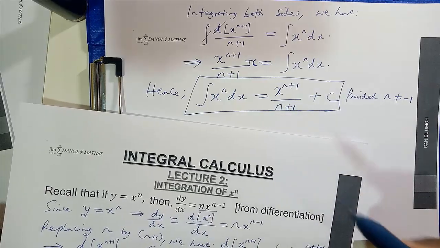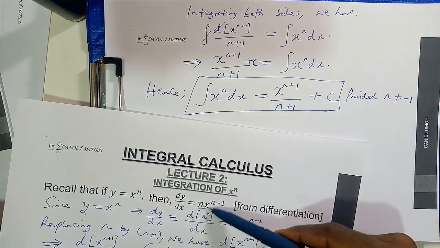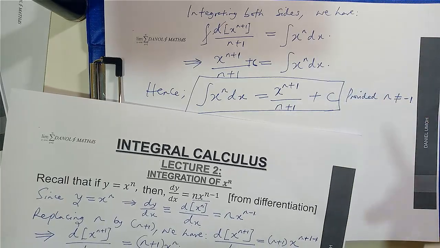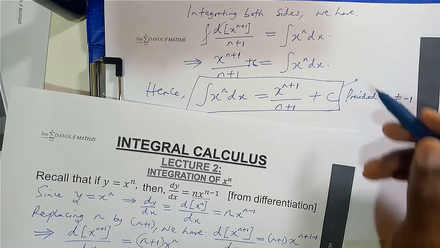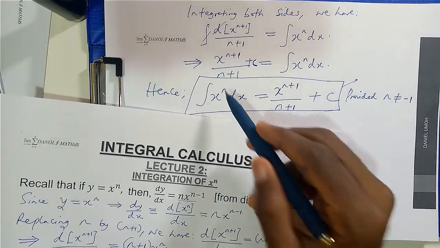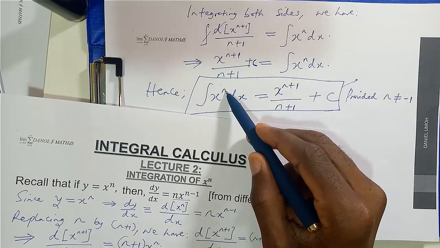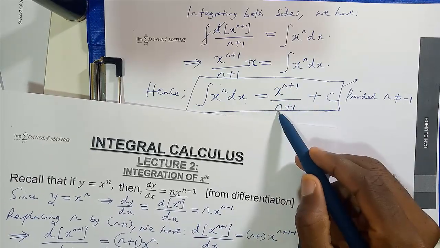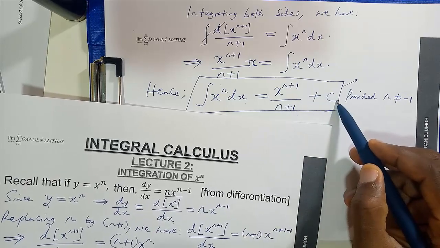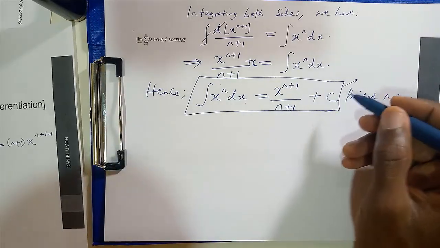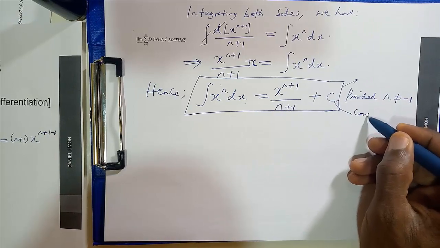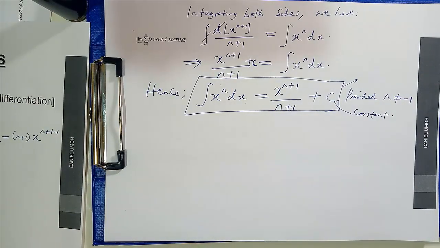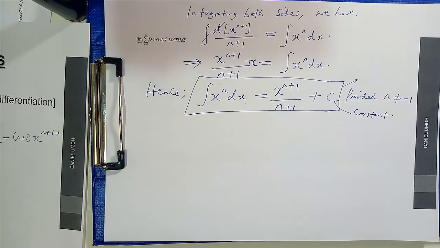So even if you find it difficult to understand how I came about this formula, I want you to at least learn it, because what you need is this formula: the integral of x raised to the power of n dx is equal to x raised to the power of n plus 1 over n plus 1 plus c, where c is what? A constant. Do you remember? C is a constant. I hope you understand what we have just explained.